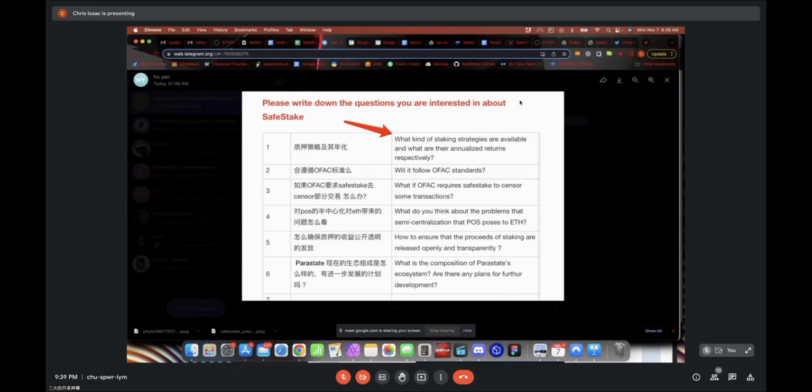And what is the composition of Parastate's ecosystem? Are there any plans for future development? That's a big question also. Our ecosystem really is the DAO. Our community members, a lot like your community, are running nodes that are keeping the SafeStake network up and running, and they're all over the world.